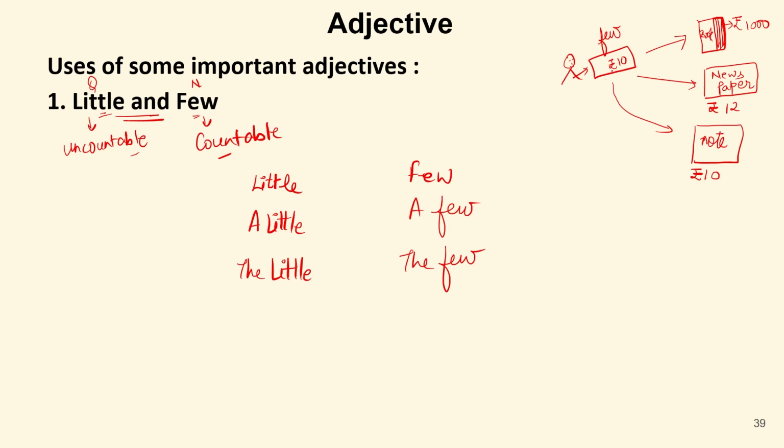Because the amount that he has is sufficient for this note. He will proudly take it out and give it to the shopkeeper, saying, do give me this note. Only 10 rupees. Okay, give it to me. We can see that he is happy just because the amount that he has is sufficient for this note.